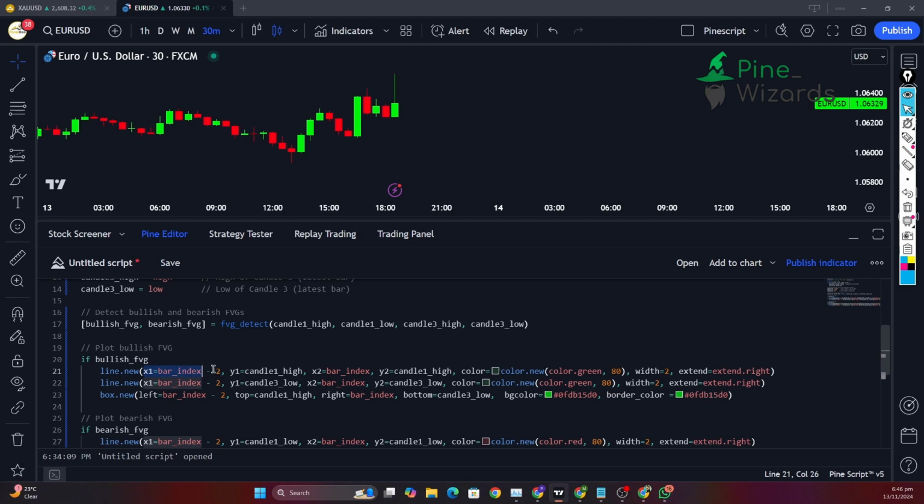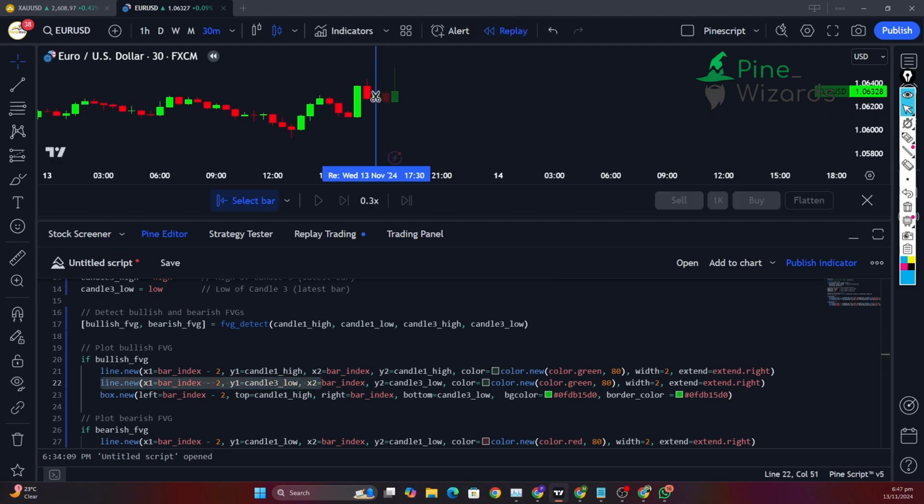So bar index -2 would be the third candle, so we want to start from there, and then y1 would be the candle 1 high. In case of a bullish fair value gap, we want the high of this one candle to be the first line, and then similarly we want the candle 3 low, that is this candle here.